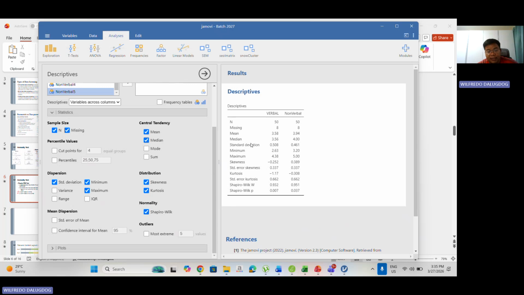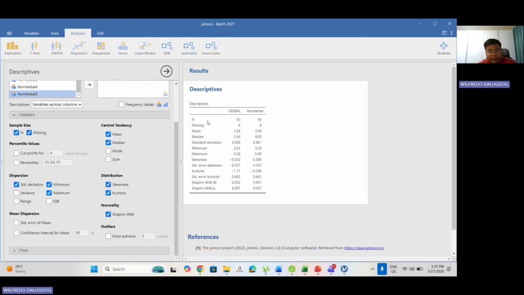You can take a look at this result: the skewness value for verbal is negative 0.252, and the skewness of nonverbal is 0.389.